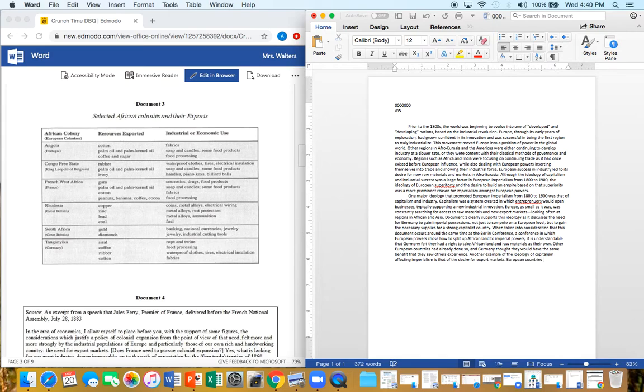European countries had built large industrial nations, but needed markets to sell their manufactured goods to, and looked toward Africa and Asia to do so.